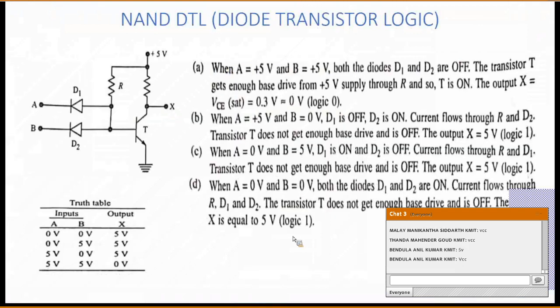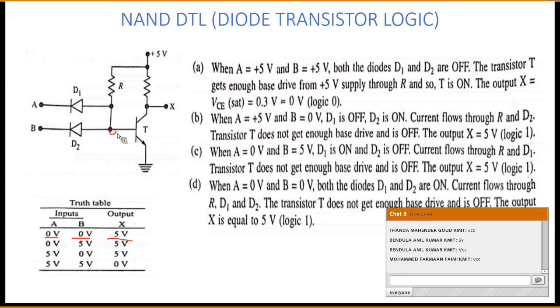Yes, 5 volts. So see the truth table, ma'am. If both inputs are 0 and 0, the output is 5 volts. Why 5 volts? Since if 0 and 0 are given, these two diodes are forward biased and conducting, so the complete current flows through D1 and D2.